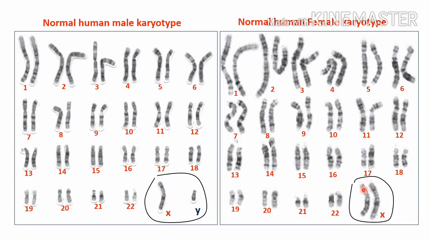Whereas in the human female, the 23rd pair is constituted by two X chromosomes, and these are equal in length. This shows the human male and female karyotype, that is, the arrangement of all 46 chromosomes.